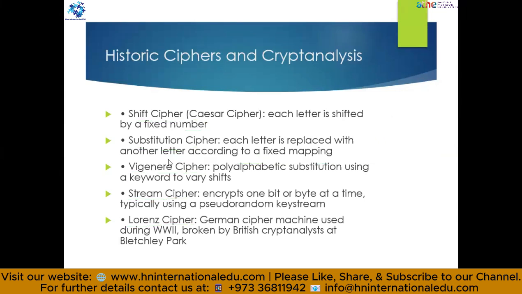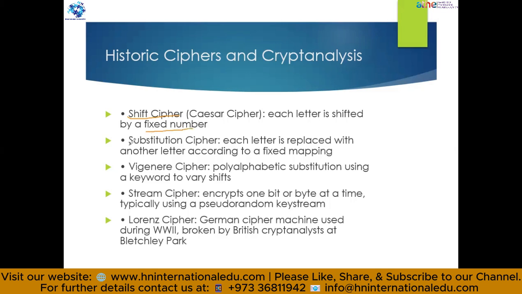We have seen what a shift cipher is and what a substitution cipher is. Likewise, we can use some other ciphers for encrypting our information, but they are more complex than these. In shift cipher, we just replace every letter with a fixed number.